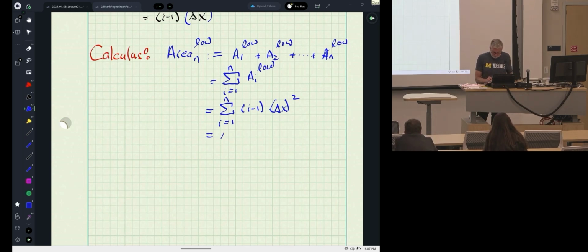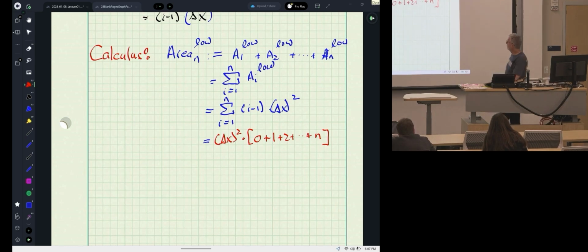So I'm just going to put the delta x squared, and then it's multiplied by 0 plus 1 plus 2 plus n. Does that look familiar to us?